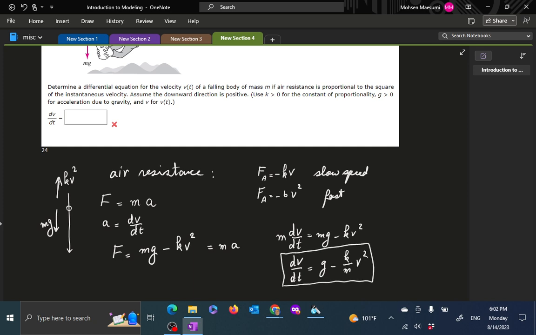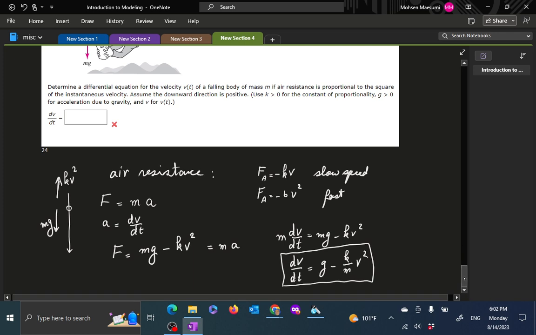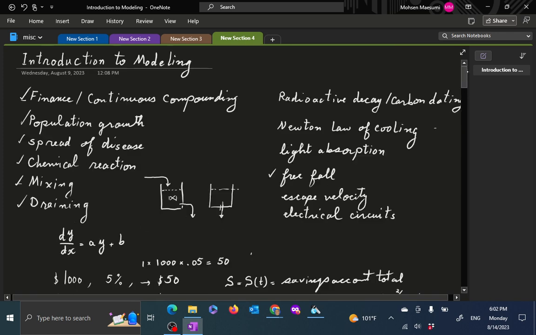Again, a little bit different from what we were promising at the beginning, but it is in the same ballpark of differential equations. So what did we learn?